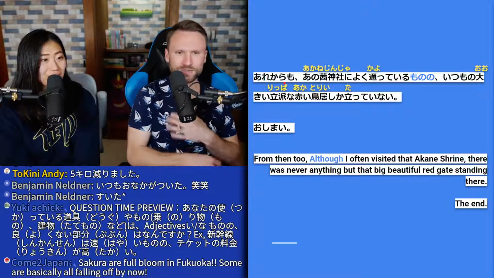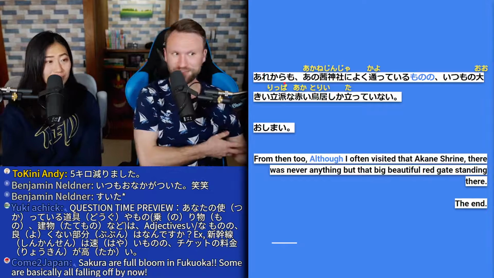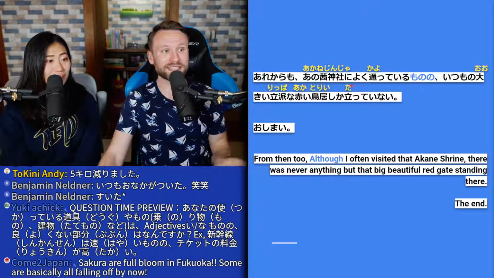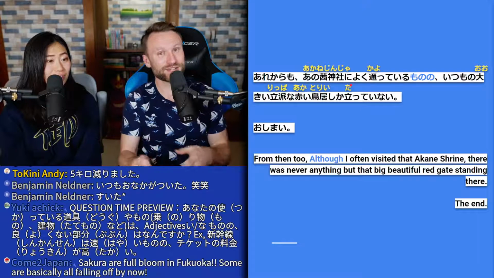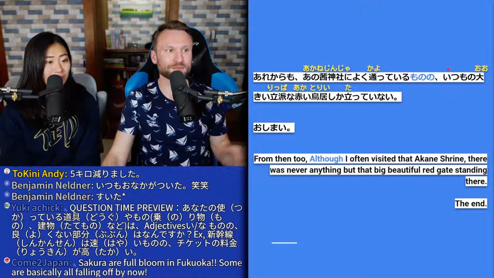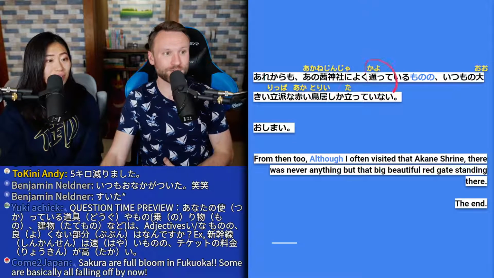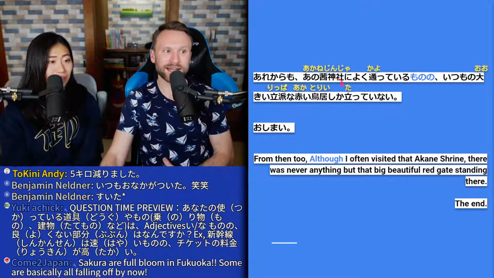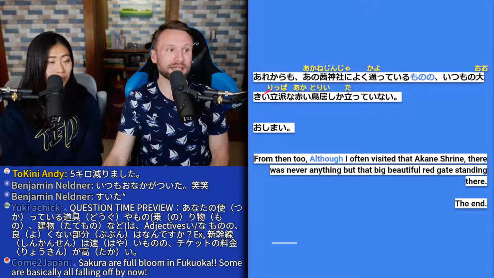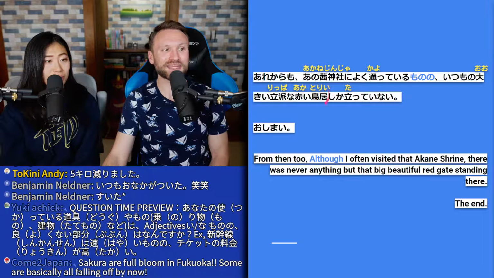So from then too, so he's talking about the events from the other 5 parts of the story. あのAkane神社に, so in the direction of that Akane Jinja, よく通っているものの, so although I am often visiting that Akane shrine, いつも, all the time, いつもの大きい立派な赤い鳥居.